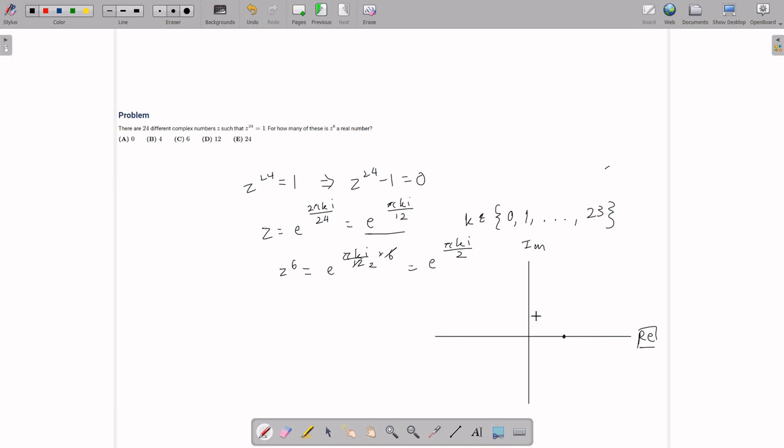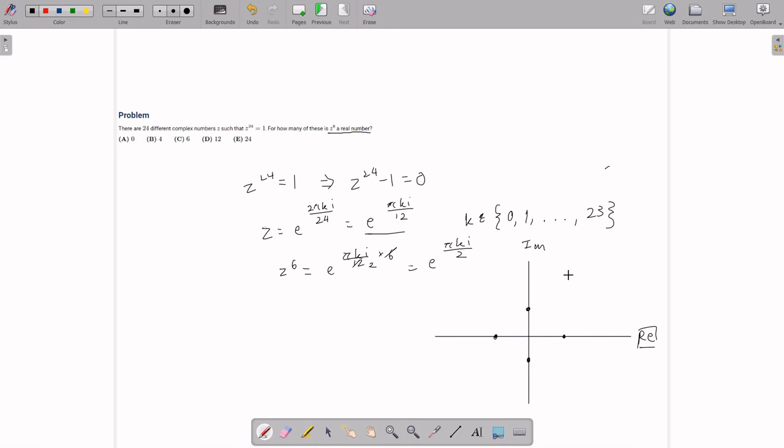If we plug in 1, it goes here. If we plug in 2, it goes here. If we plug in 3, it goes here. So in just that amount of time, we've found that every even value of k will result in something on the real number line, which is what we want. And an odd value of k will result in an imaginary number, something that the problem doesn't want, as shown here.